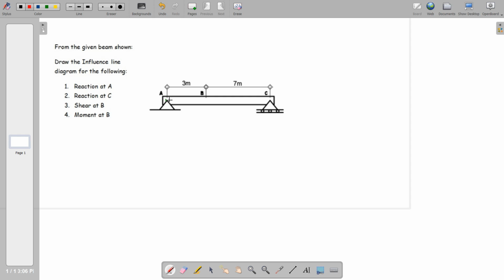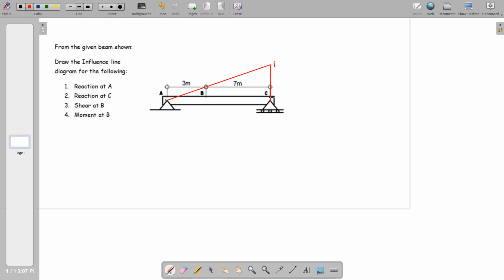Of course it will rotate at point A, so this is pinned down, and if you move this one upwards, it will have an influence line diagram with one here.